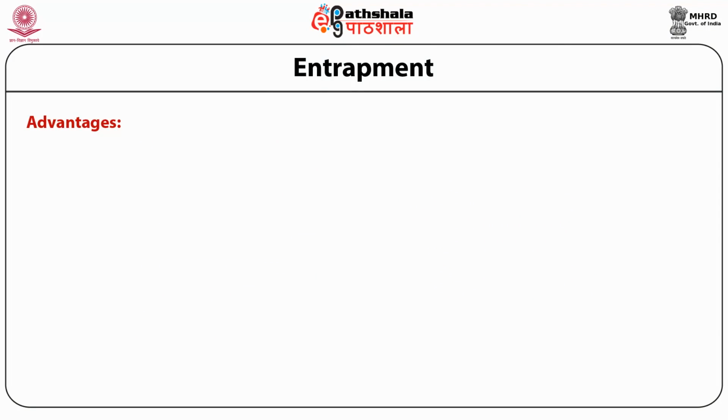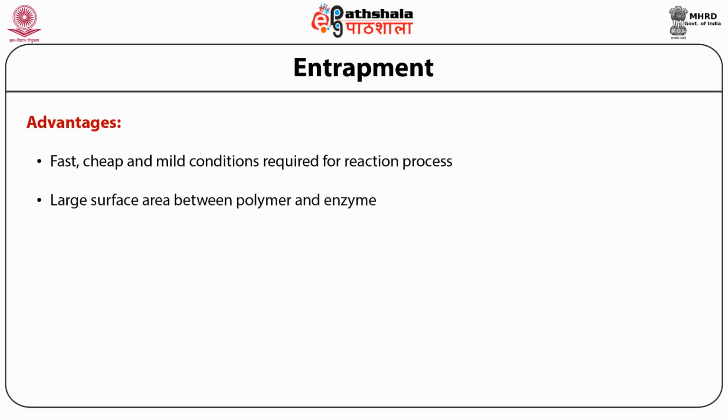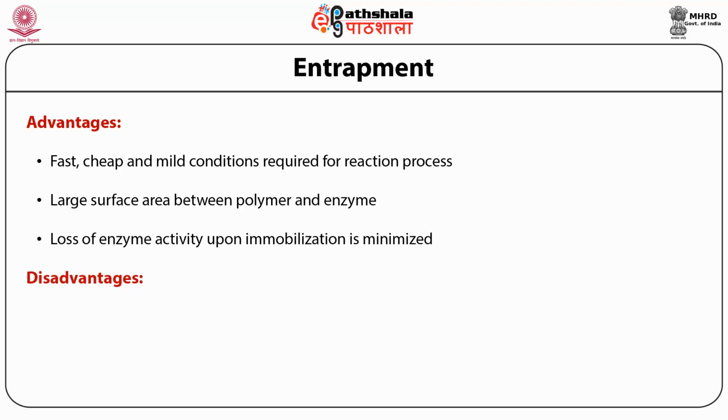So what is the significance of entrapment? Entrapment is fast, cheap, and mild conditions are required for the reaction process, so the enzyme native state is maintained. It has a large surface area between polymer and enzyme, and loss of activity upon immobilization is minimized. But what is the disadvantage of it?